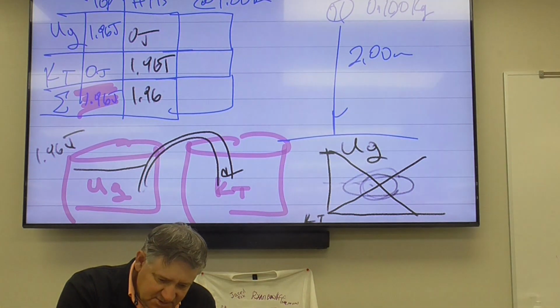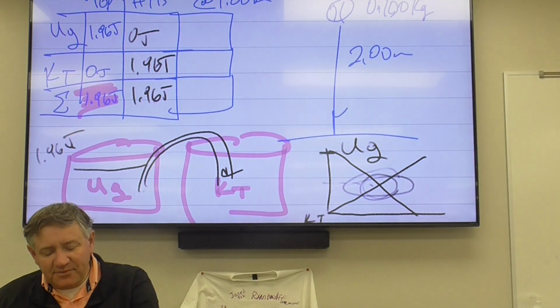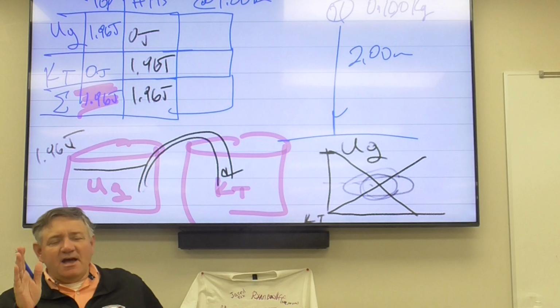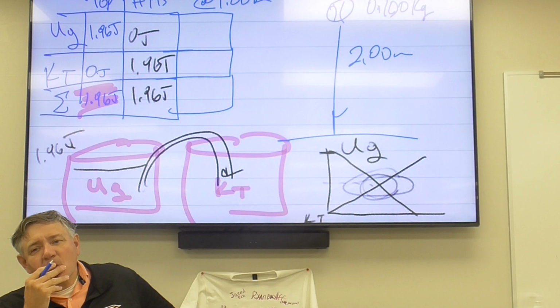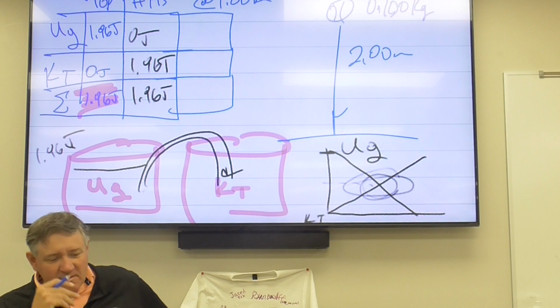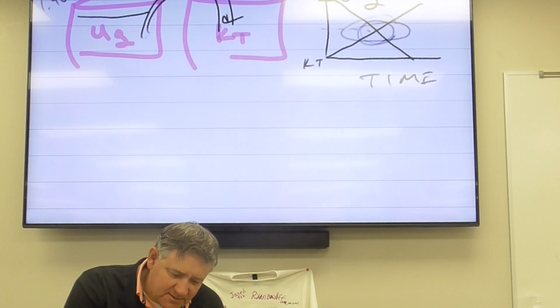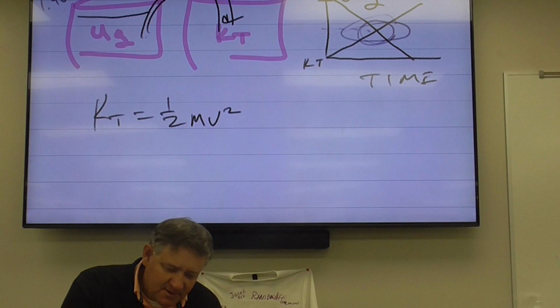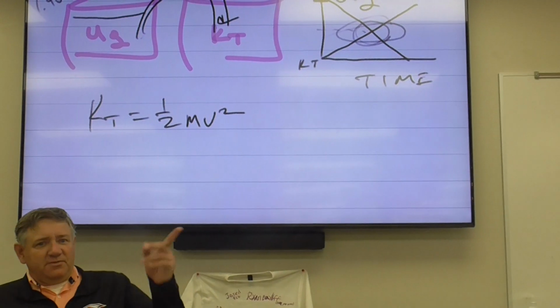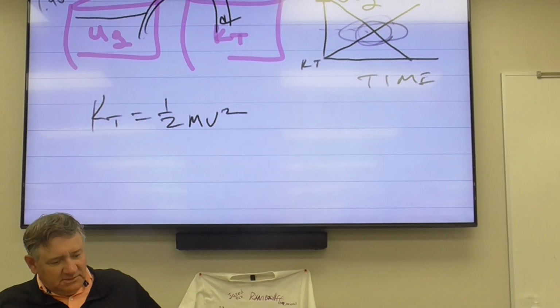Now, at this point, can I calculate how fast the ball was going when it hit the ground? Yes. Why? Because you know kinetic energy equals 1/2 mv squared. Do you know the kinetic energy? Yes. You know the mass.